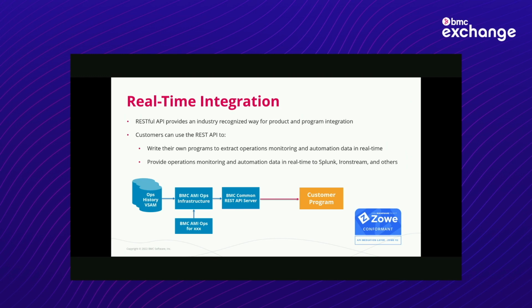We're also heavily involved in the Open Mainframe Project. We truly believe in having a truly open mainframe platform and delivery. So what we've been focusing there on is making sure that as we develop and deliver these new open capabilities to the AMI Ops platform, that we can ensure that the system is Zowe compliant and conformant.